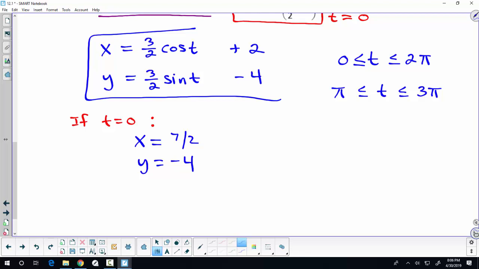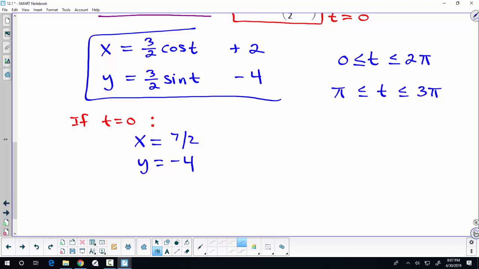Would our initial point change? Yeah, because it would be a negative 3/2. But if we started there, then we have to look at this equation and start figuring out what we have to manipulate so that if I start t at pi and end at 3 pi, x initially comes out to be 7/2 and y initially comes out to be -4.